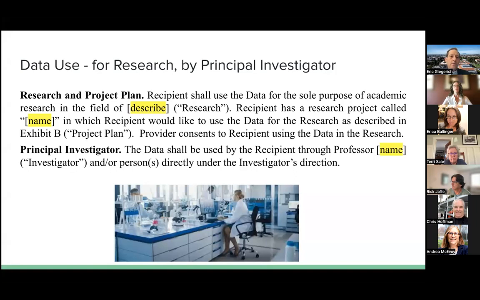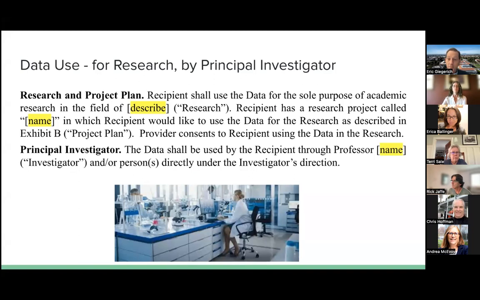So then what is the data for? It's for research, and it's by a principal investigator and researchers in the investigator's lab. So we have a description of the research. You see in yellow, there's a spot to define what it is. Usually the provider cares what you're doing with the data.